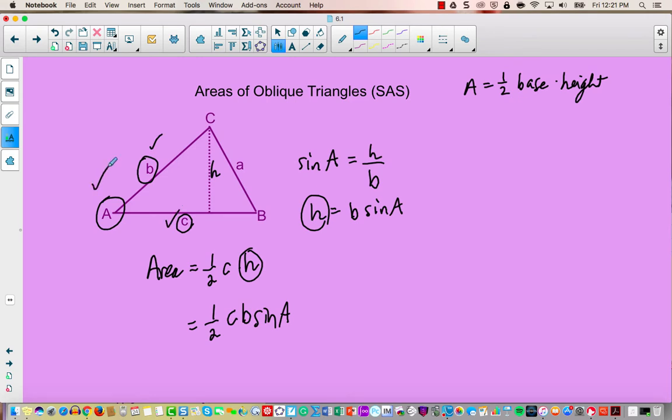It's half the product of the two sides times the sine of the angle between them.